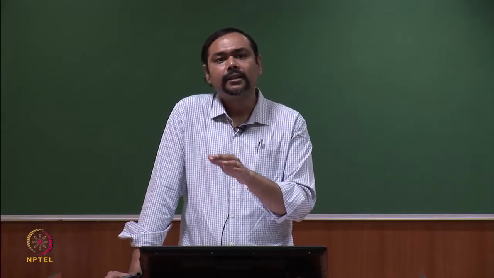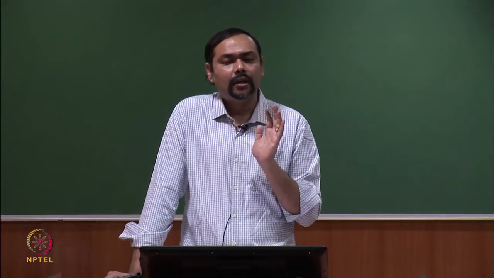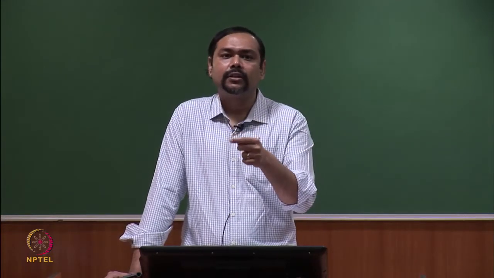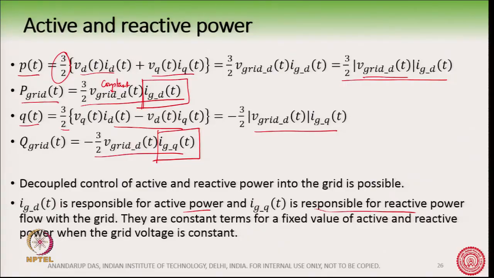Once we have fixed the Isd, or the d axis current, you can control the torque seamlessly with the help of the q axis current. Similarly, here if you fix the value of Igd, you can seamlessly control the value of Qgrid with the help of Igq. So, this is the benefit of this type of control.